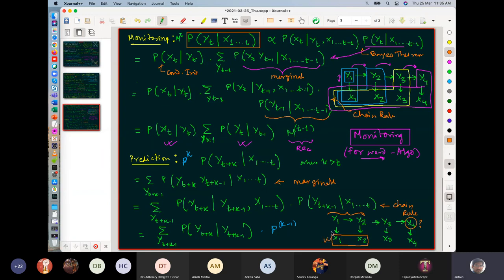So you would like to compute till this point; this is the k minus 1 I come back to. Getting y_t from x1 to x2 is your monitoring. The monitoring will directly give you the answer: getting y_t given x1 up to x_t is direct monitoring.